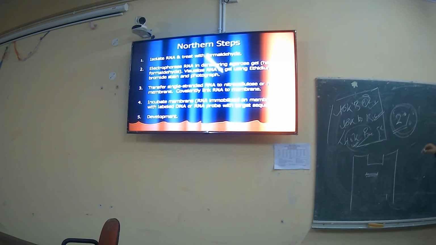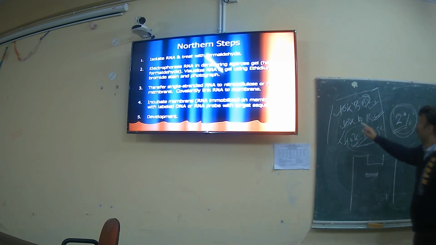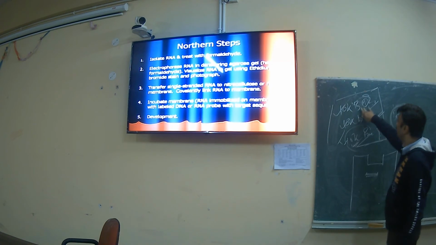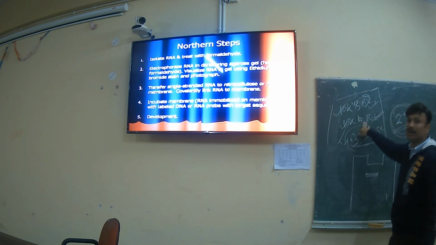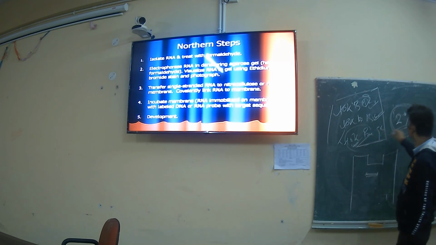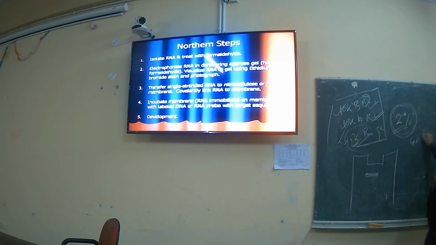Now it will be a factor for the 10 kilo base pair DNA and 10 kilo base RNA. How much charge will deviate from 10 kilo base DNA to 10 kilo base RNA? Suppose a 4 base pair DNA: A, G, T, C, and for RNA: A, G, U and C. There is only one difference: here is a T and here is a U. This one is the RNA, this one is the DNA.